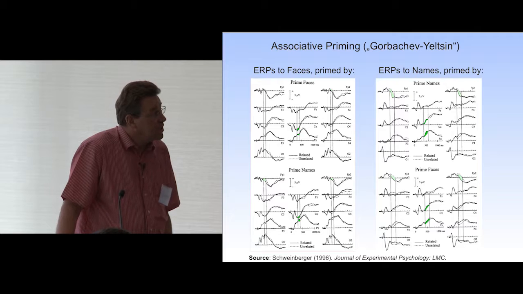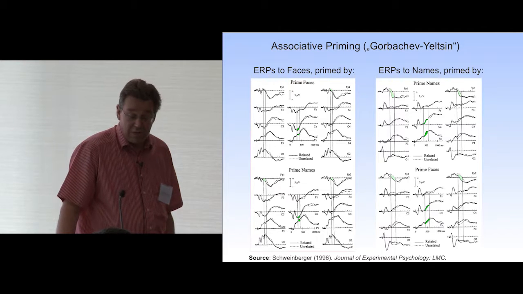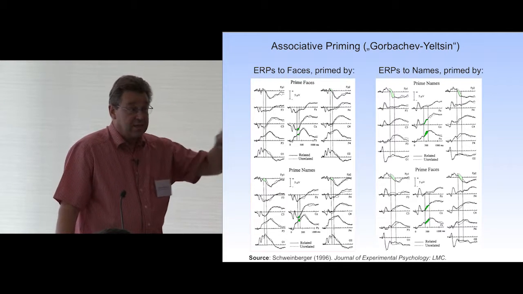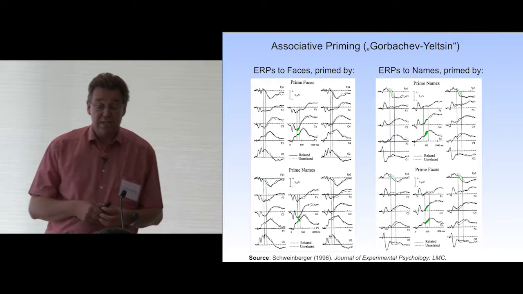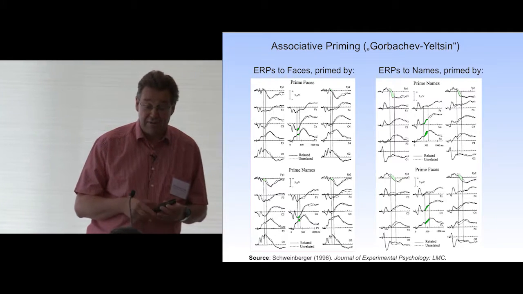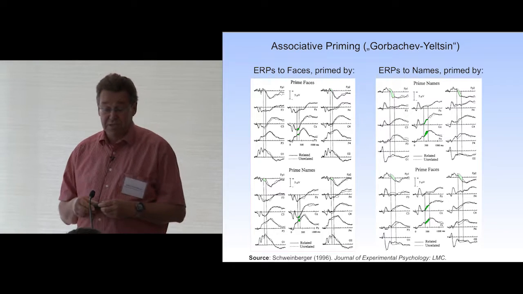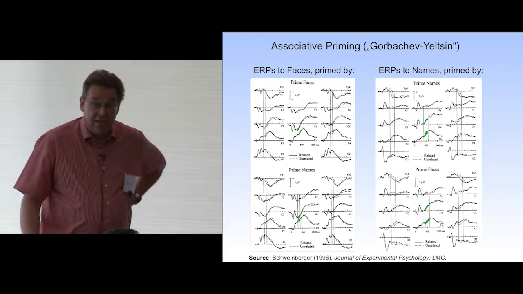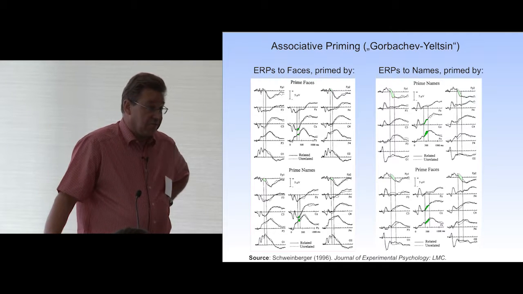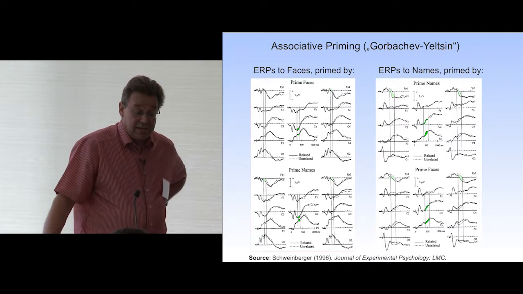It's also independent of whether you prime within or across a domain. And I think this is quite remarkable because, of course, the overall ERPs for target faces and names are very, very different. They're just very different visual stimuli, but still the modulation caused by associative semantic priming is entirely comparable.